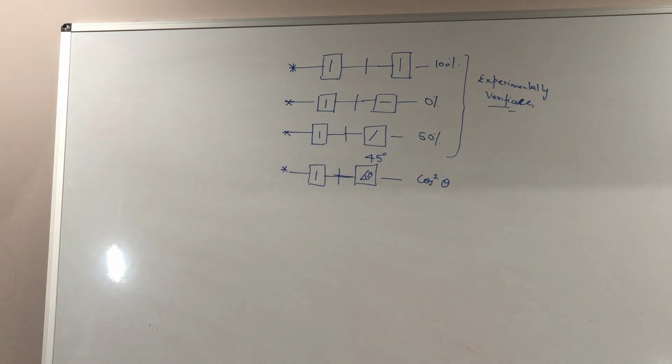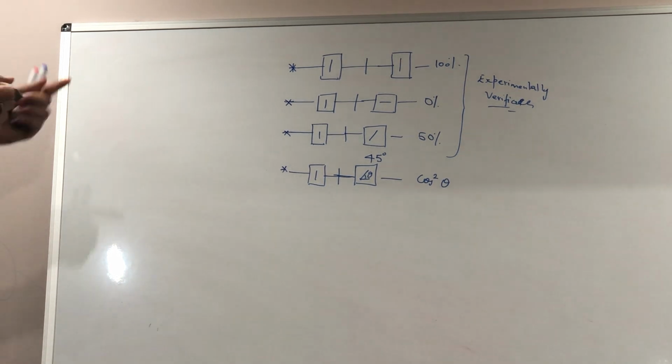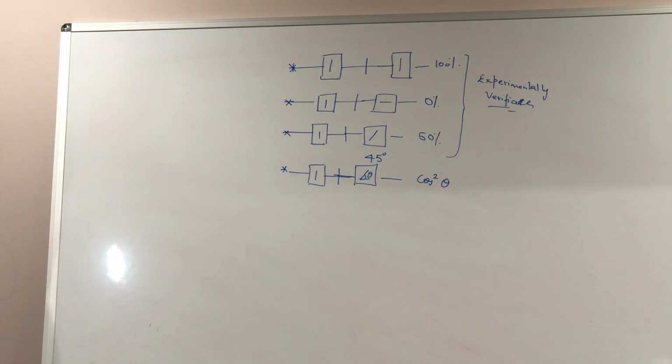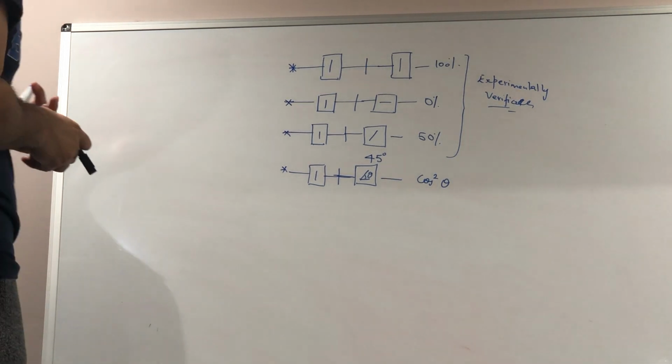So this is experimentally proven. This data has been collected and verified experimentally. So our main motive here is to explain this phenomenon by using the ket and bra notations.